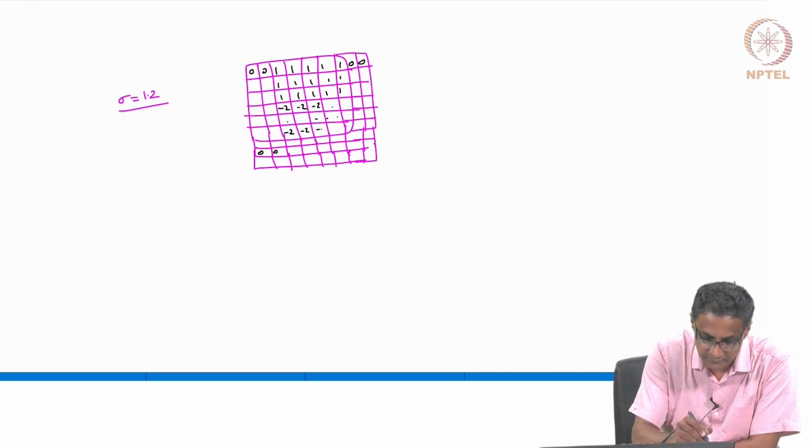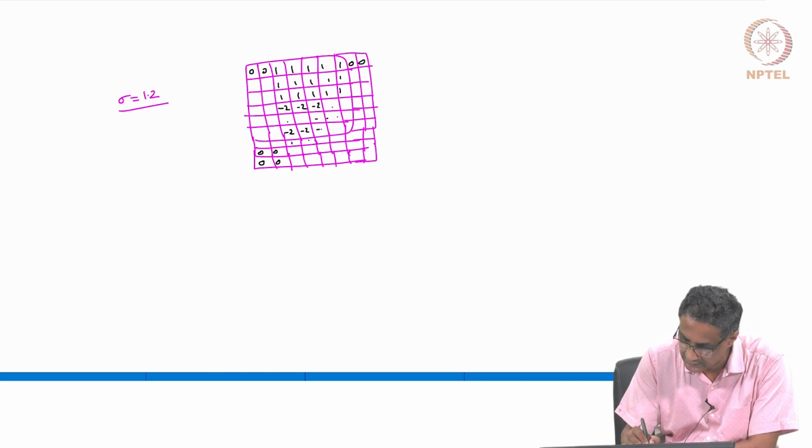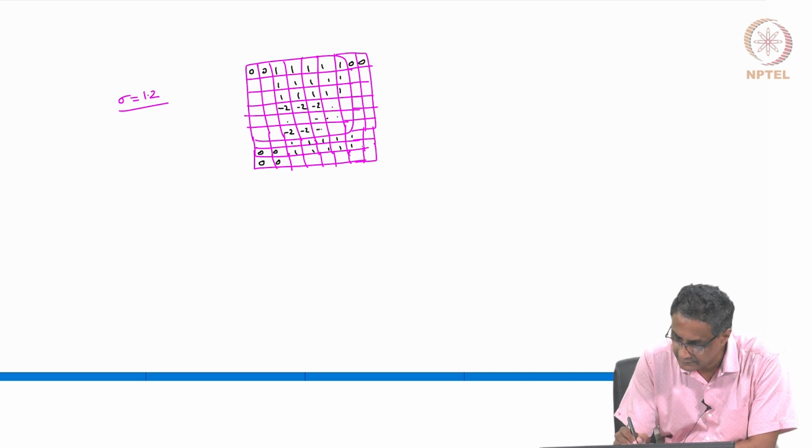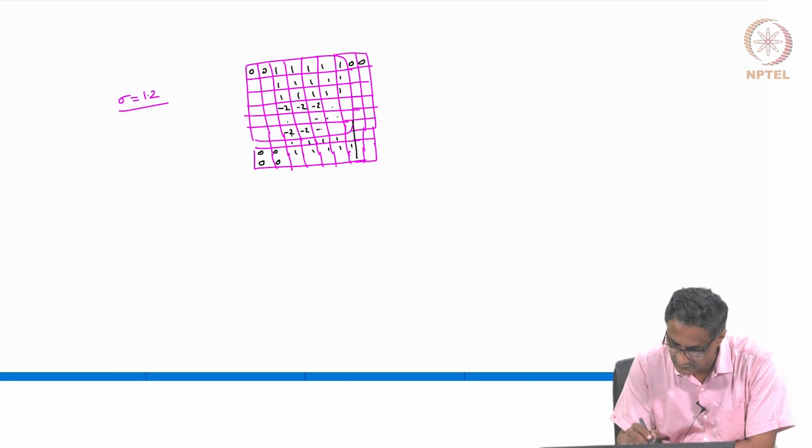Anyway, I'll show you the slide tomorrow, where this is all available. Then these are ones, and I think I'm missing some rows and columns, but it's okay as long as you understand what's going on.